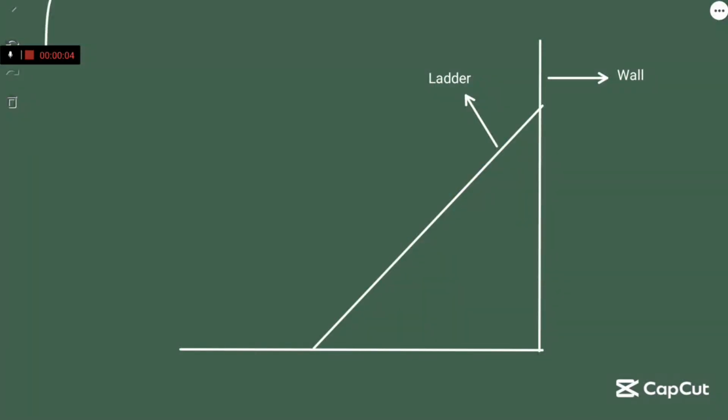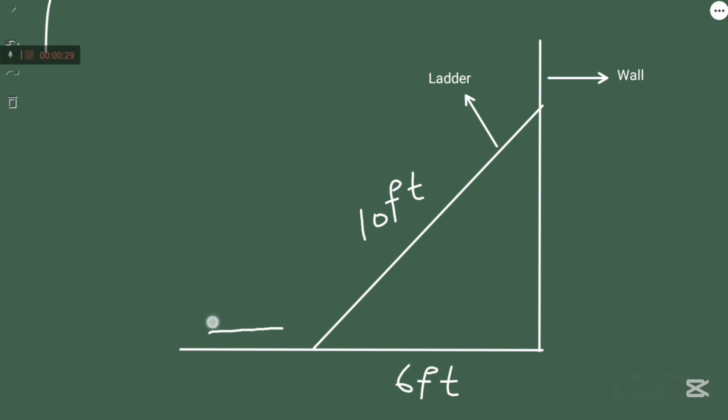Here we are given a ladder resting against a wall, and the ladder length is 10 feet. The ladder bottom from the wall is 6 feet. The ladder is moving away from the wall at 4 feet per second.